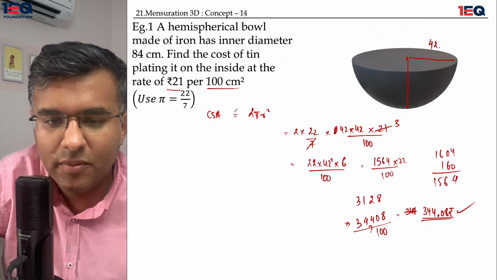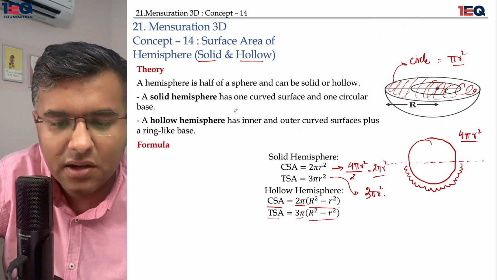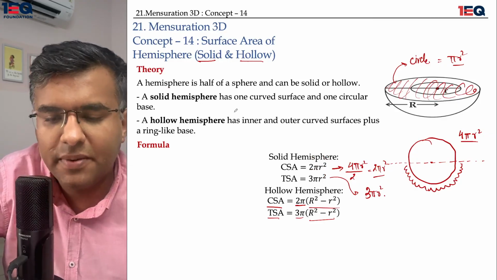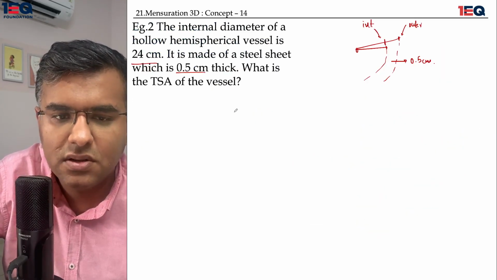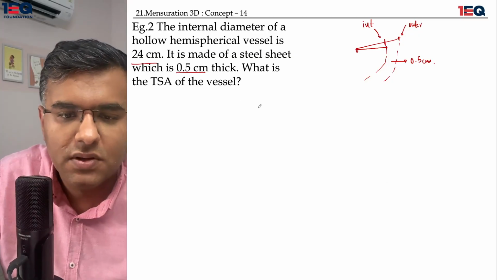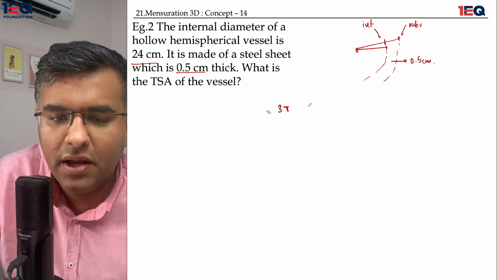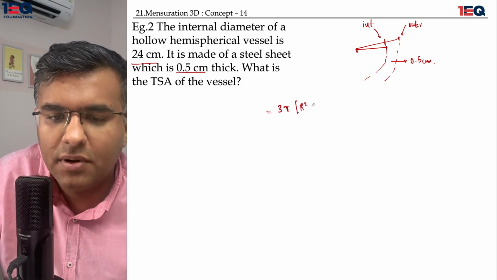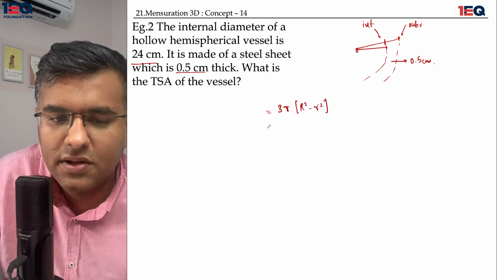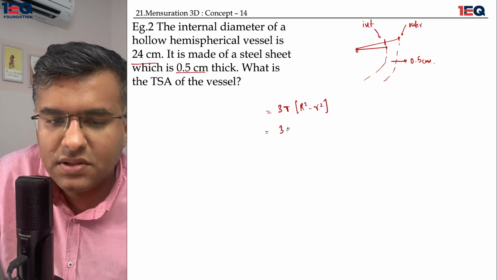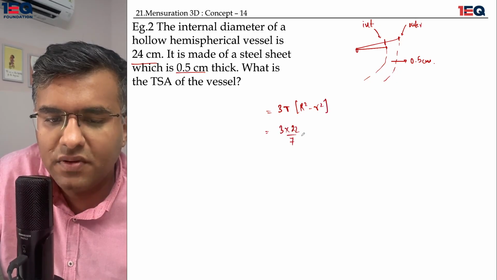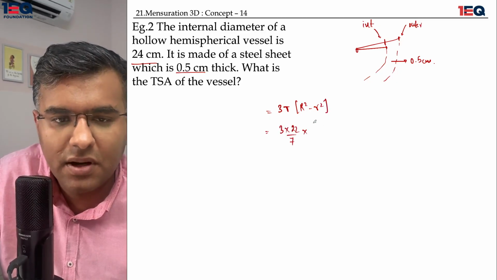I'll go back to the formula just to check if we are right. The total surface area is 3 pi multiplied by capital R square minus small r square. So the formula that we'll be employing is 3 pi multiplied by capital R square minus small r square. This is going to be 3 into 22 over 7 multiplied by capital R square.